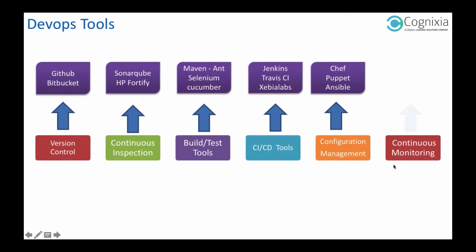And for continuous monitoring, we have tools like New Relic and AppDynamics. These monitor your application health. You can say, let me know my application health. How is it performing? How many hits are coming in? When it went down, and so forth. So broadly, these are the classifications of what is widely used today in the industry.